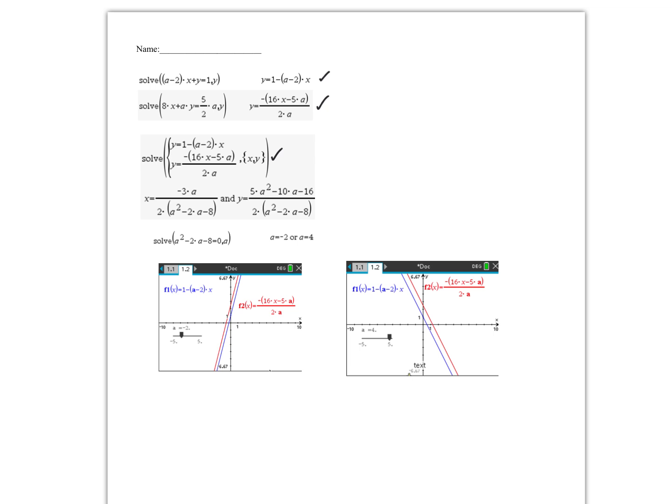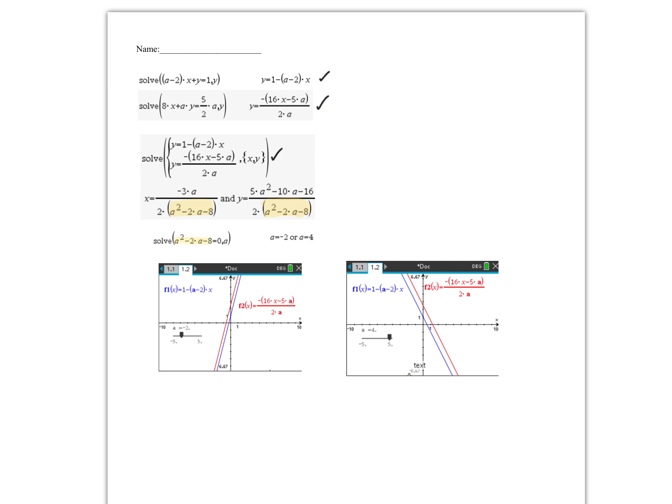And as complicated as it looks, the feature that here is most important is this line in here, a squared minus 2a minus 8, because they're in the denominator and it's the a values that give me that expression equal to 0, which will give me the unique solution, no solution, etc.